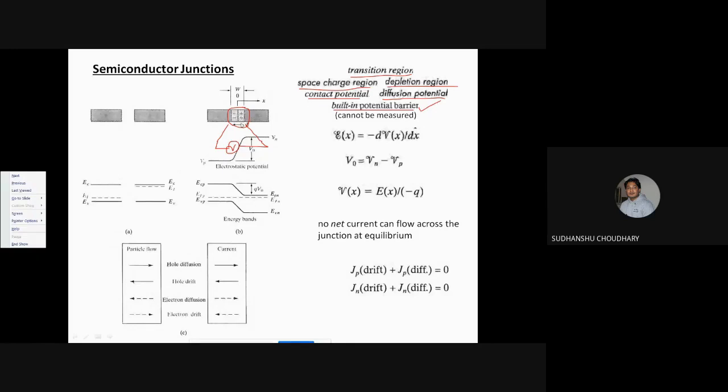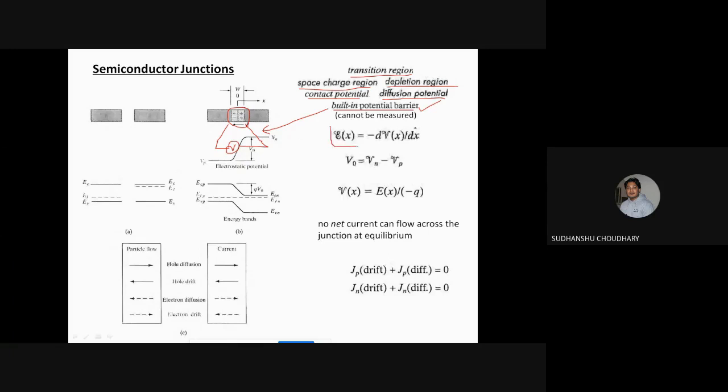If somebody tries to measure it like this, that will disturb the equilibrium across the junction. Now the junction is in equilibrium, Fermi levels are aligned. Attaching a probe will disturb the equilibrium, so the device may not be in equilibrium again. Diffusion will happen again, and the electric field will try to reset itself to counterbalance the diffusion.